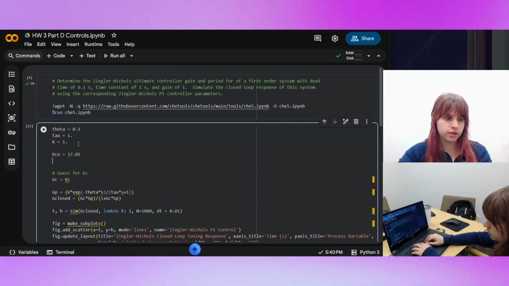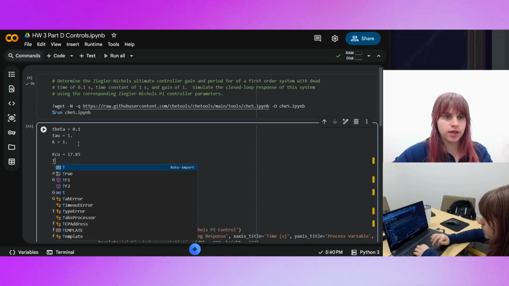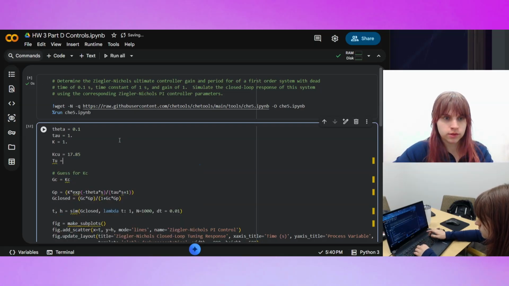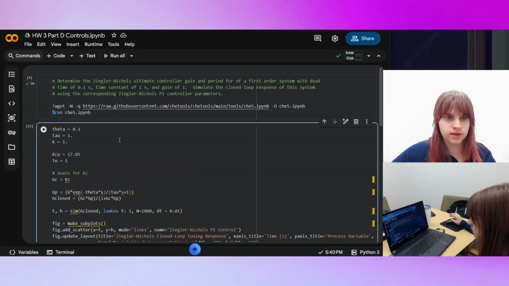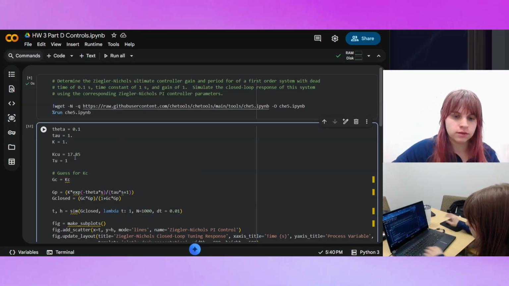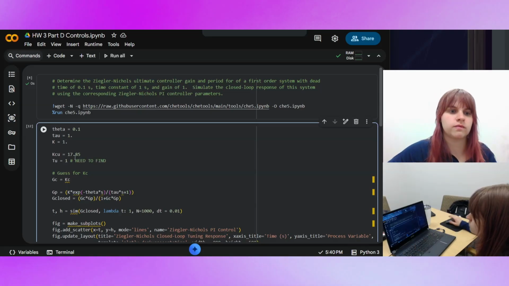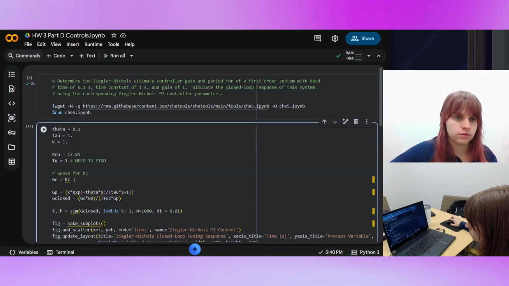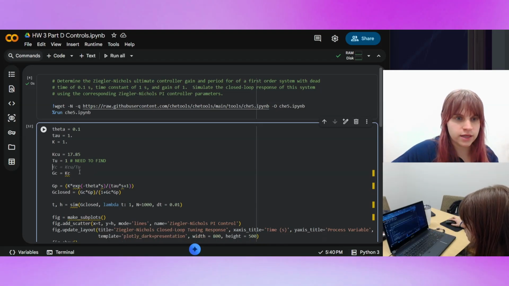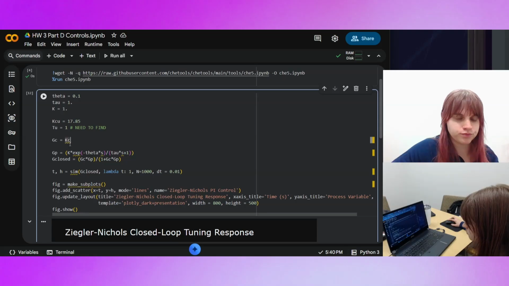And eventually we're going to have an ultimate period. For now, I'm just going to set that equal to 1, but we need to find this. And we don't need to make a guess for Kc any longer. So I got rid of that comment.